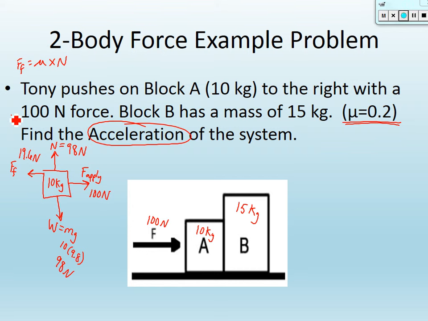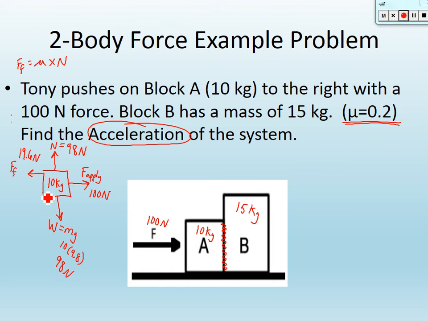But there's one more force that's pointing to the left on block A. What would it be? Yeah, there's this contact force right here. Isn't block B going to push on block A to the left? Isn't there going to be a force to the left?